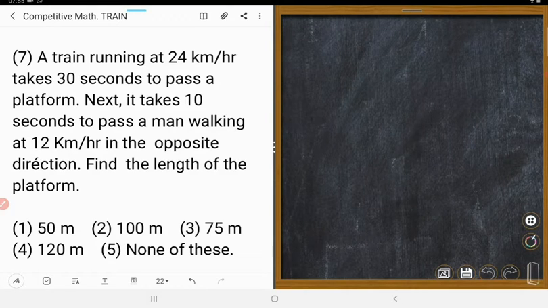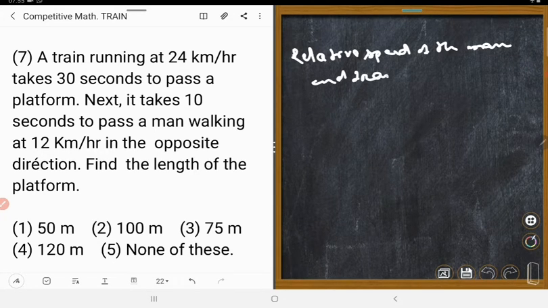The train and the man are walking in opposite directions, so the relative speed is the speed of the man and train, 24 plus 12 is 36 km per hour. So they passed each other in how many seconds? 10 seconds. Could you understand?